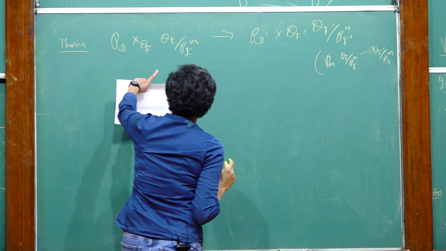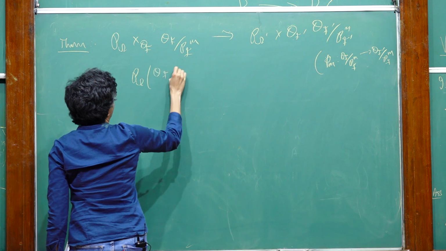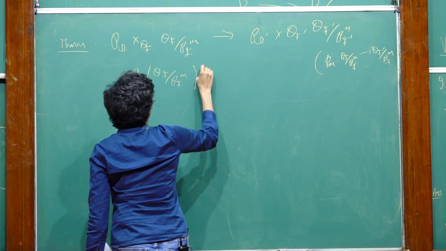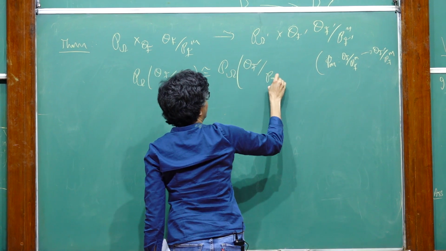This is an isomorphism of group schemes. So in particular you recover that P_Ω(O_F / P_F^M) is isomorphic to P_Ω'(O_F' / P_F'^M).